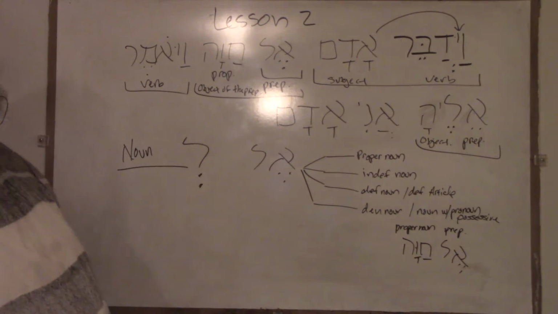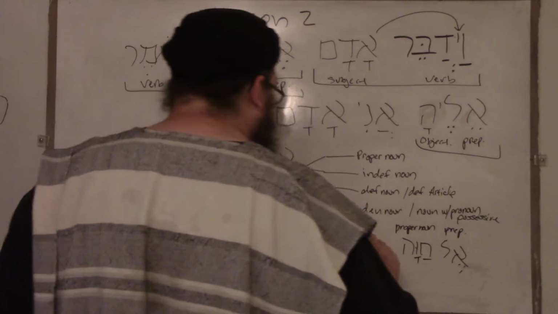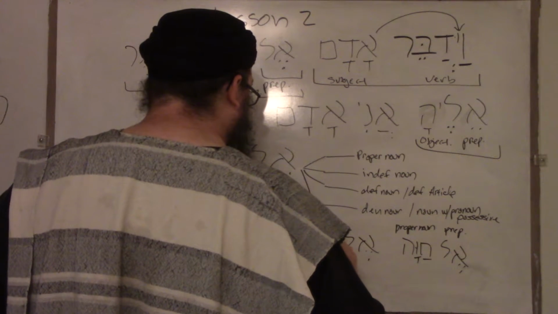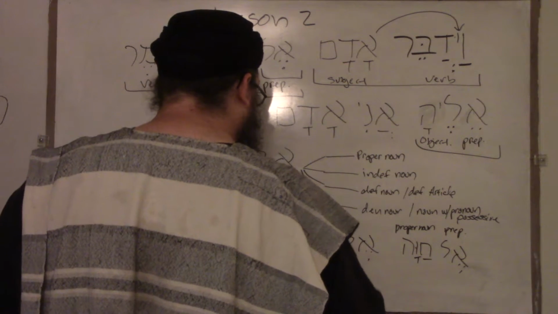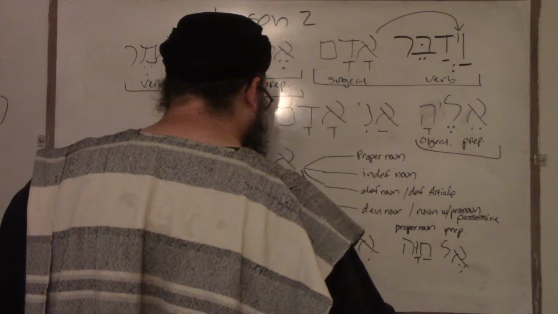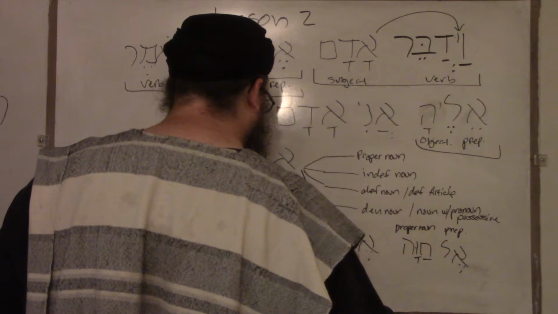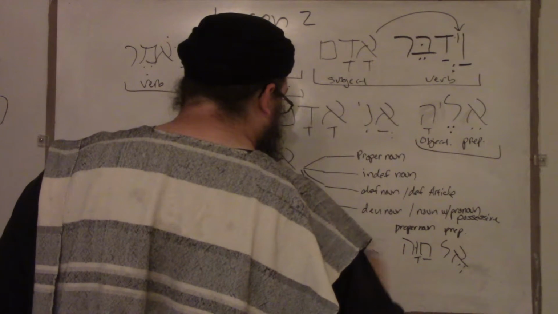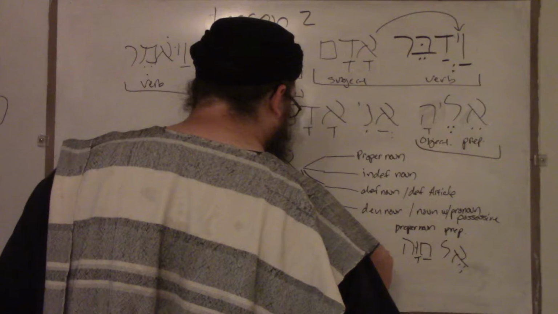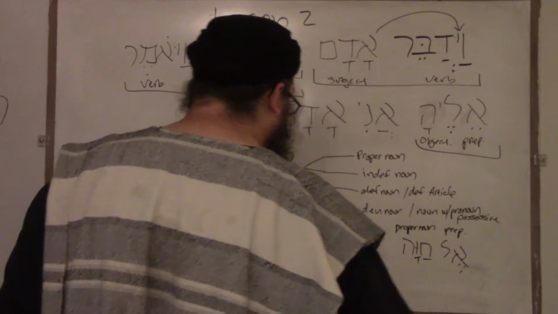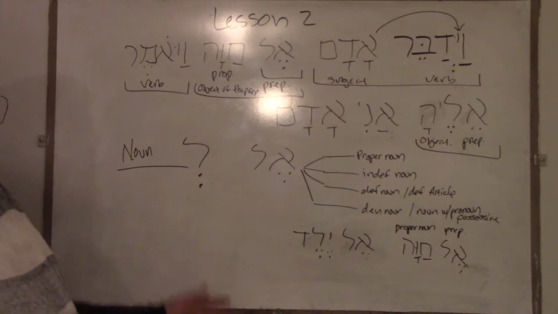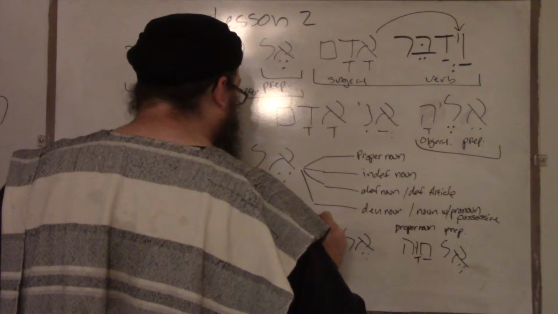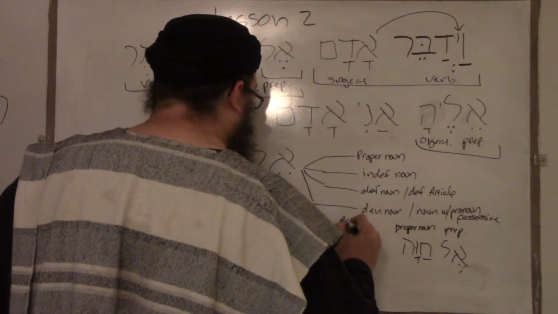The next one is an indefinite noun. Okay? This is going to follow like this. El Yeled. So here we have an indefinite noun, Yeled, which is child. And here's my prep.